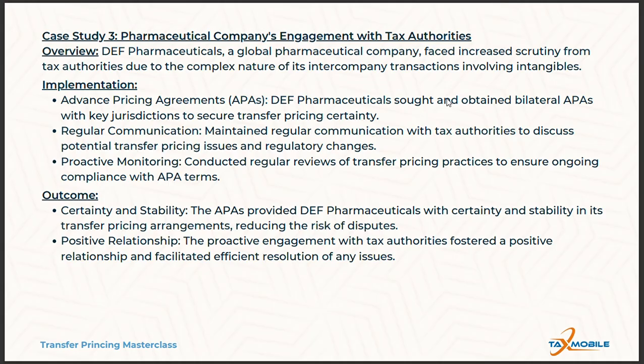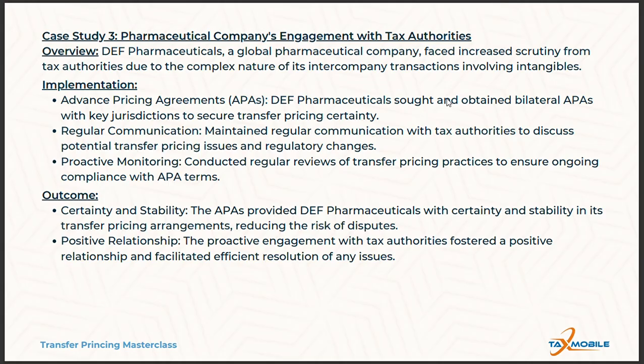DEF Pharmaceutical Company maintained regular communication with tax authorities to discuss changes in its business operations and ensure continued compliance. You can see that regular engagement is very important. Then proactive monitoring. The company performed regular reviews of its transfer pricing policies to ensure they remain in line with the agreed advance pricing agreement terms.